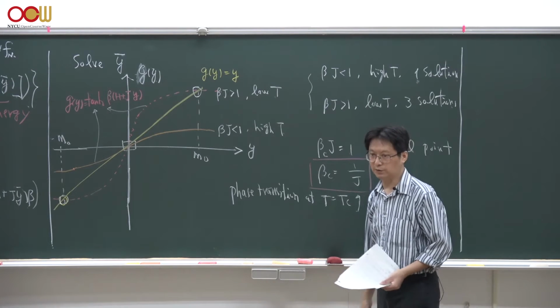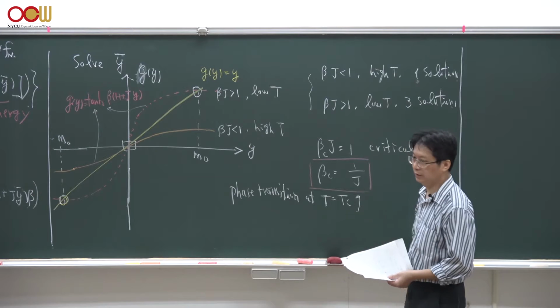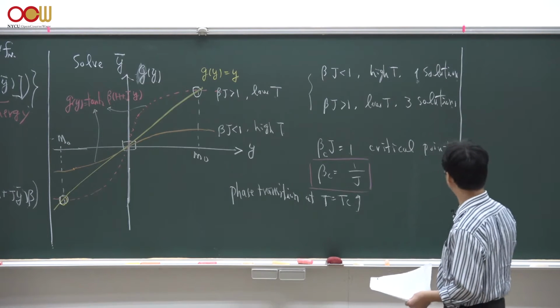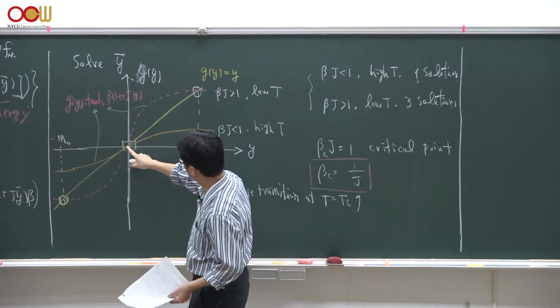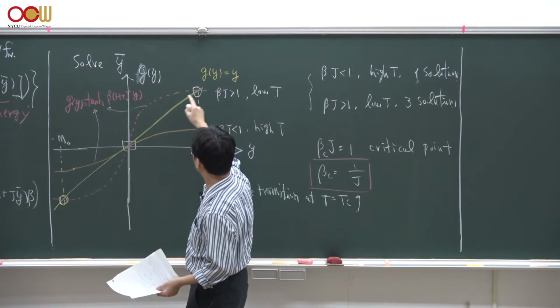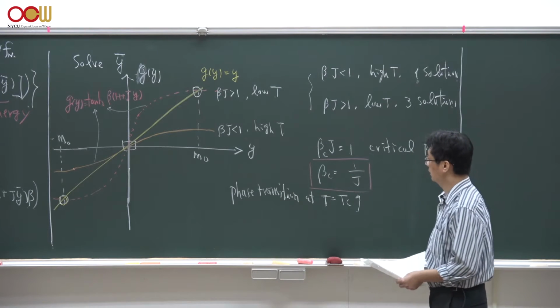There's no spin order. Now let's look at the low temperature limit, when beta J is greater than 1, and we can find there are three intersections. One is 0, which is a trivial solution. The other two are right here and there, with magnitude plus or minus m0.